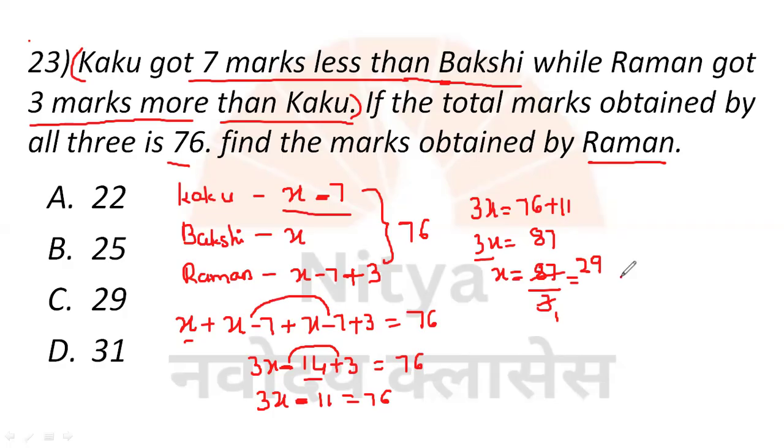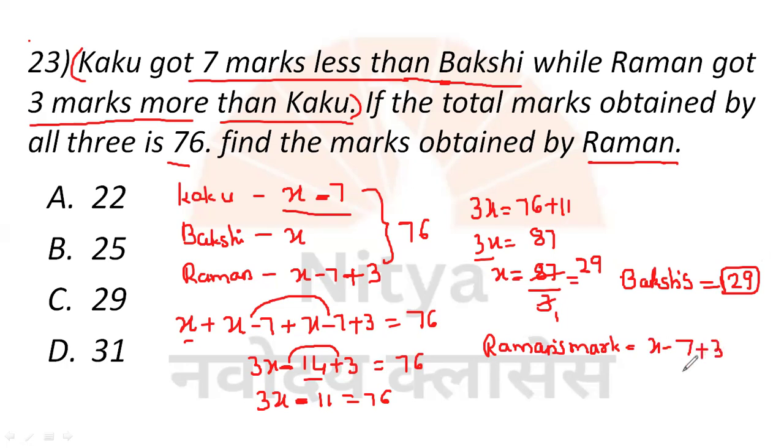Okay, 29 marks. Whose marks is it? x means Bakshi. Bakshi's marks are 29. So here we have to find Raman's marks. Raman's marks equal to x minus 7 plus 3.